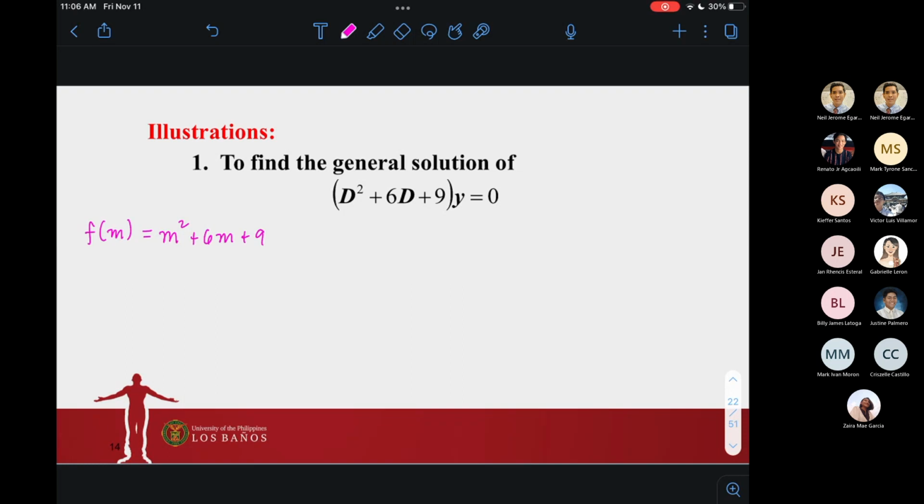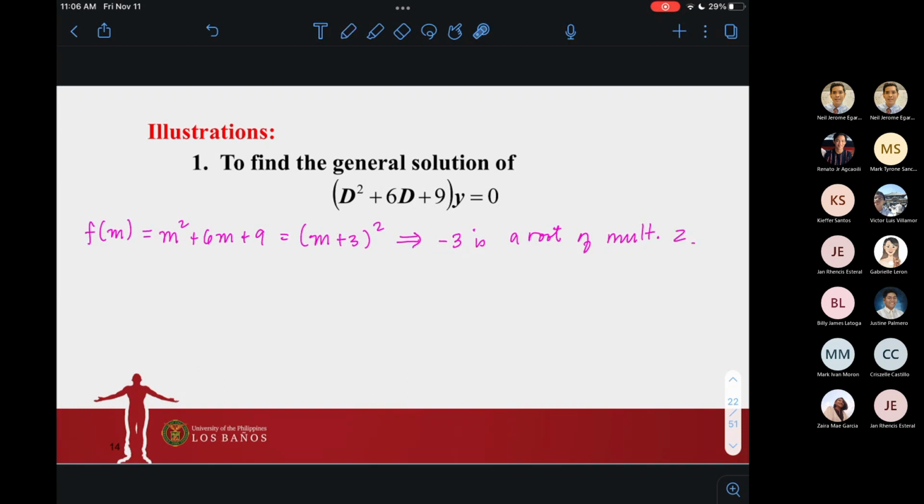But this is a perfect square trinomial because you can write this as m plus 3 quantity squared. So this means that negative 3 is a root of multiplicity 3. Okay? Sorry, multiplicity 2. Kasi twice siyang naulit as a root.